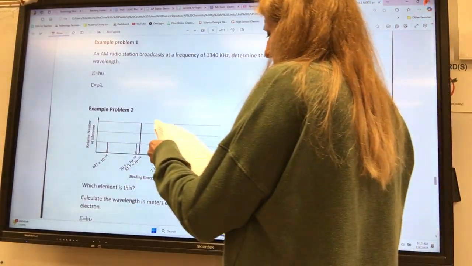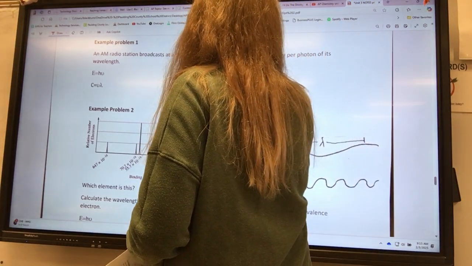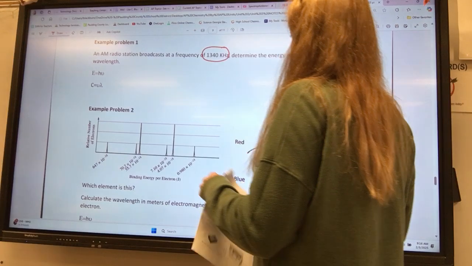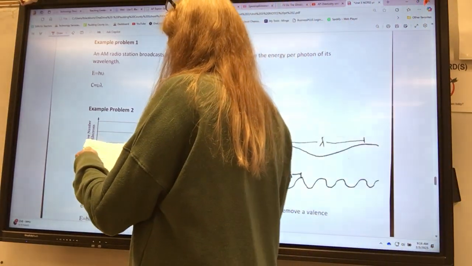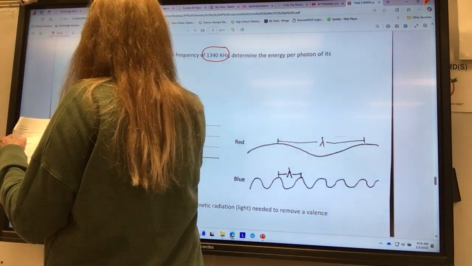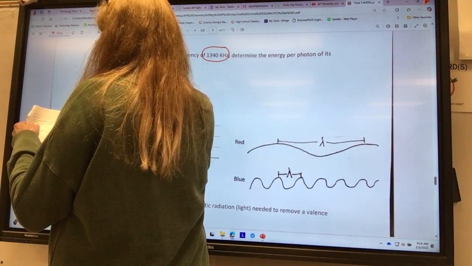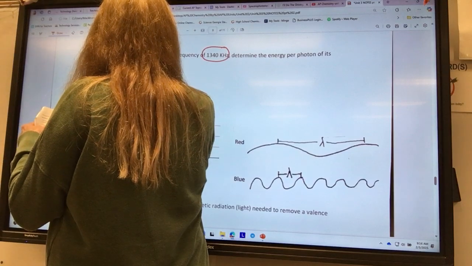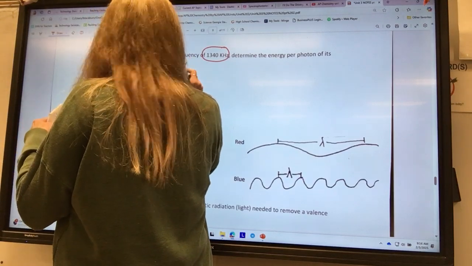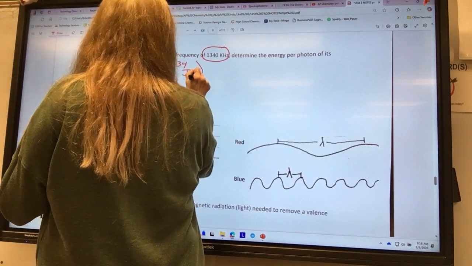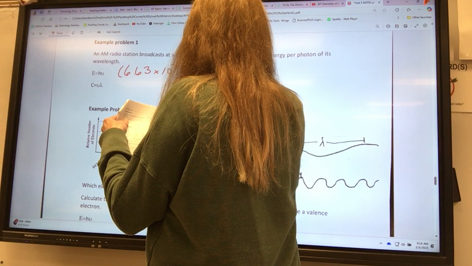So here's the example. An AM radio station broadcasts at a frequency of 1340 kilohertz. Kilo means 1,000. Determine the energy per photon of its wavelength. So we put in Max Planck's constant, which is 6.63 times 10 to the negative 34 joule seconds, times that, and I'm going to just go ahead and write it as thousands.